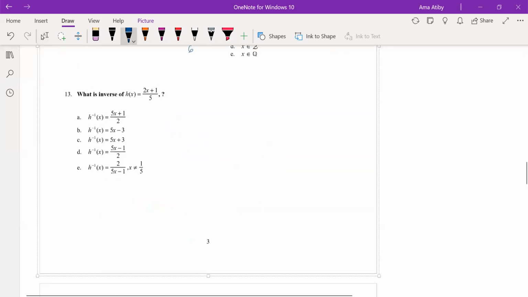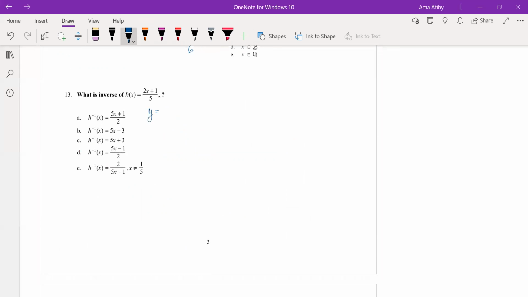Okay, next, number 13. Okay, this one. We are going to find the inverse of these functions. So first we are writing f of x as, this one is h of x, but we can just say it is y, no problems. But if you also want to make this as h, also no problem. Just remember the function of y, that will be fine.